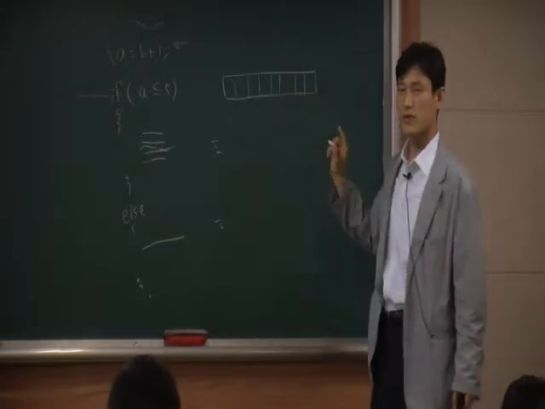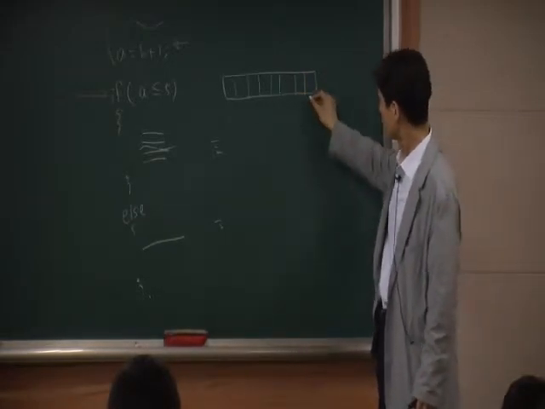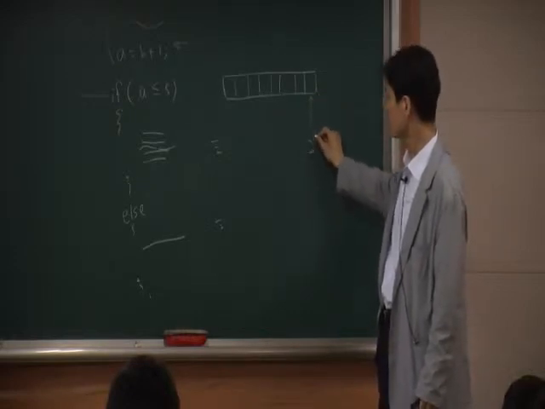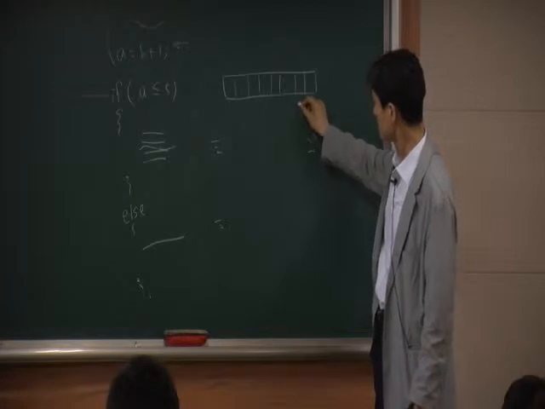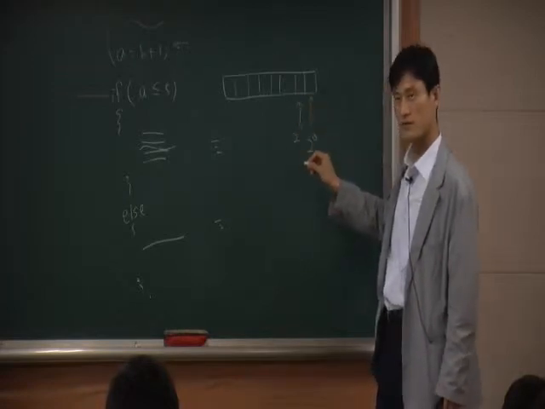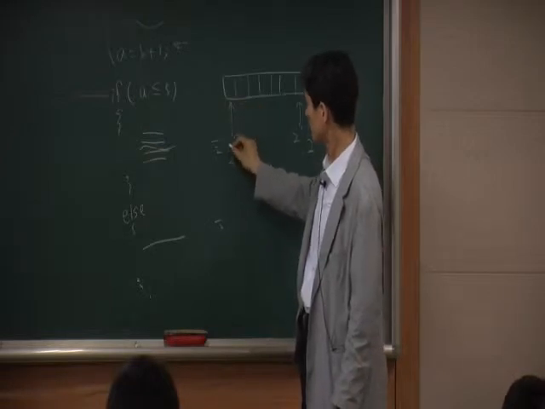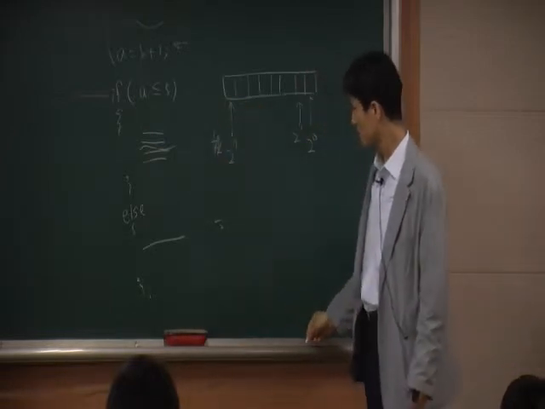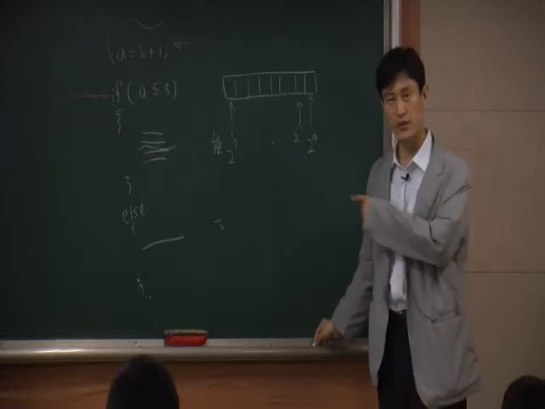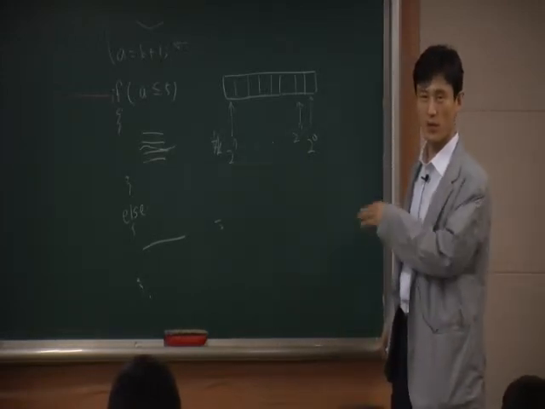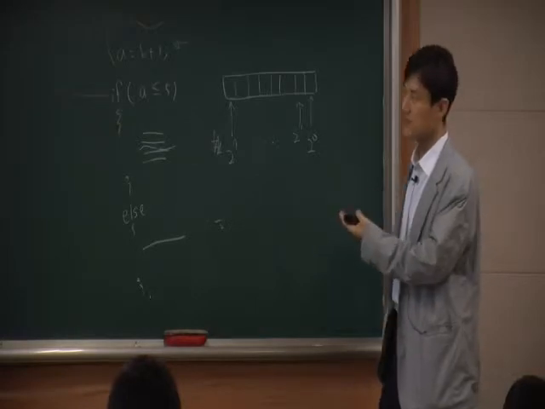In this case, since we use it as an integer, the last bit, the LSB, is 2 to the 0, this one is 2 to the 1, and the MSB is 2 to the 7. That's how you read it. That's fixed point. Simple, right? We always use it this way.